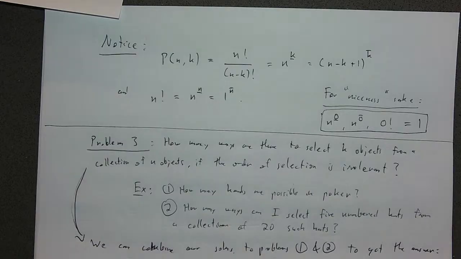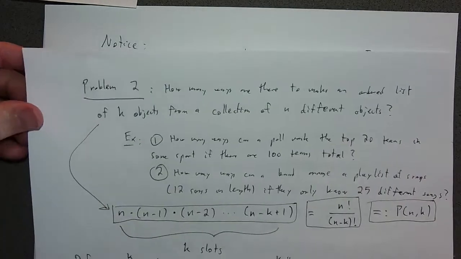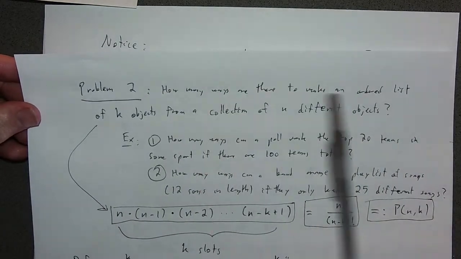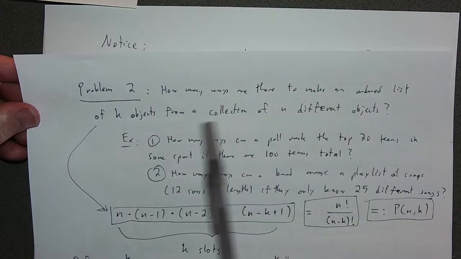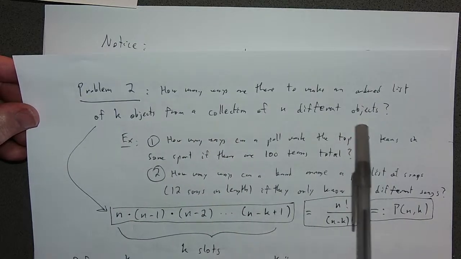But I know from problem 2 the number of ways to make an ordered list of k objects from a collection of n different objects.